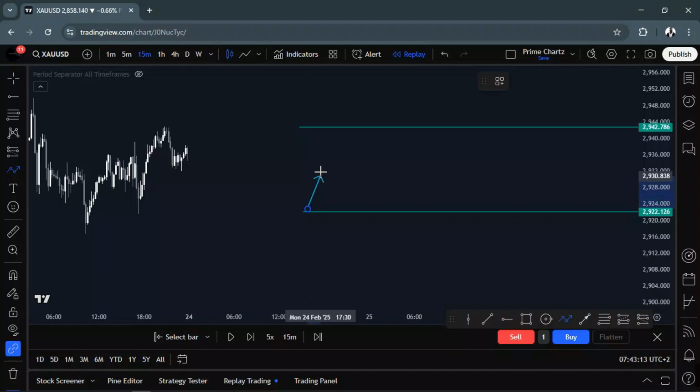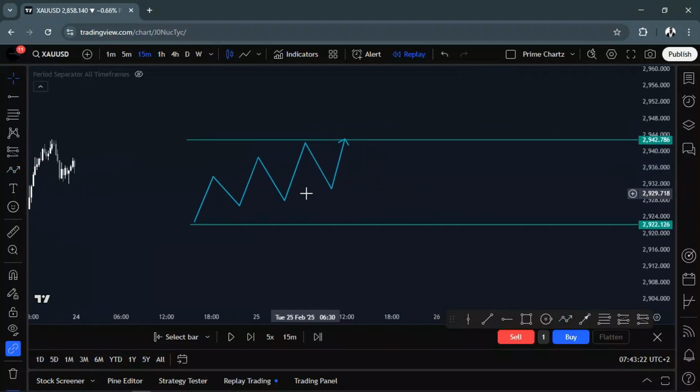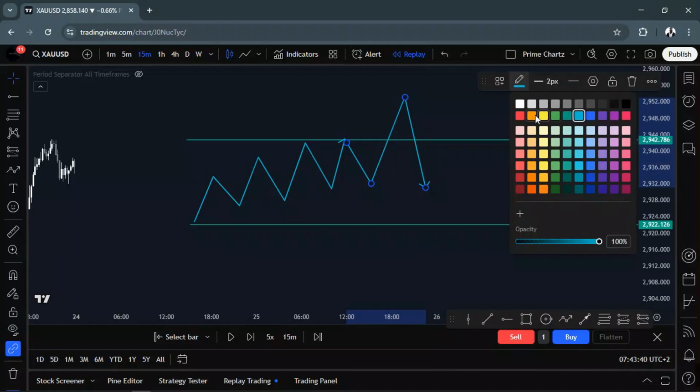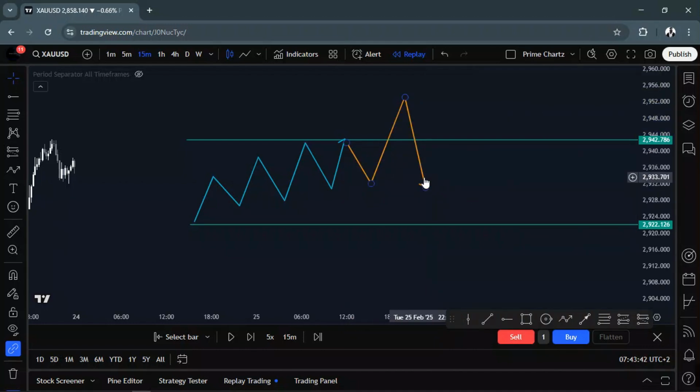So on the first candlestick, we want to see an accumulation like this, right? As you can see, this is an accumulation. And then on the second candlestick, we want to see a clear manipulation. We say this is the manipulation because we want to see price quickly reversing back into the range, right?